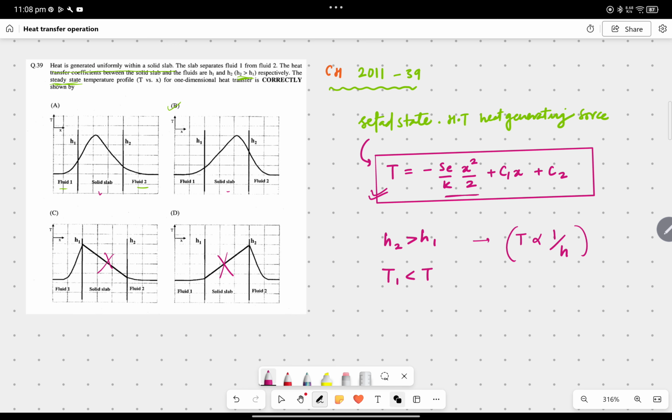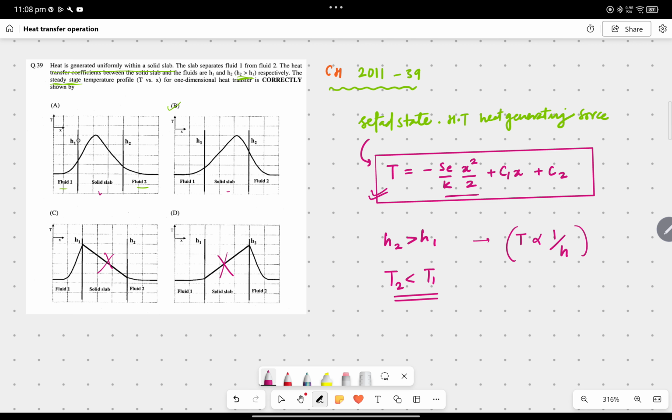If H1 is small, then T1 is going to be bigger. This is the result we are going to get, and from here we can eliminate the wrong options from this question.